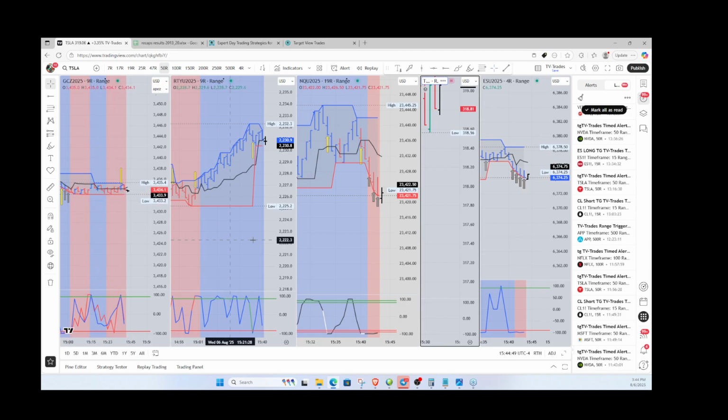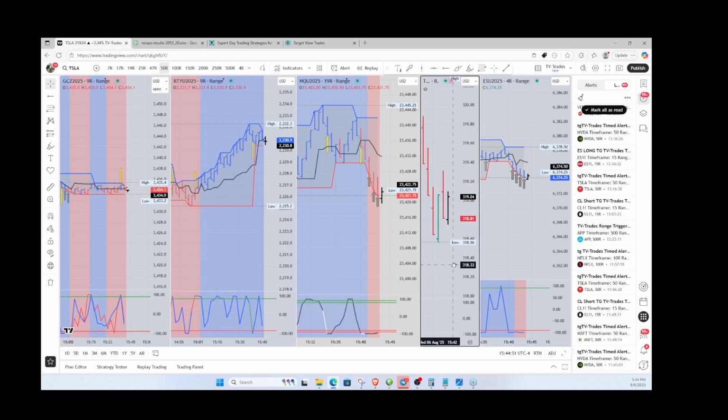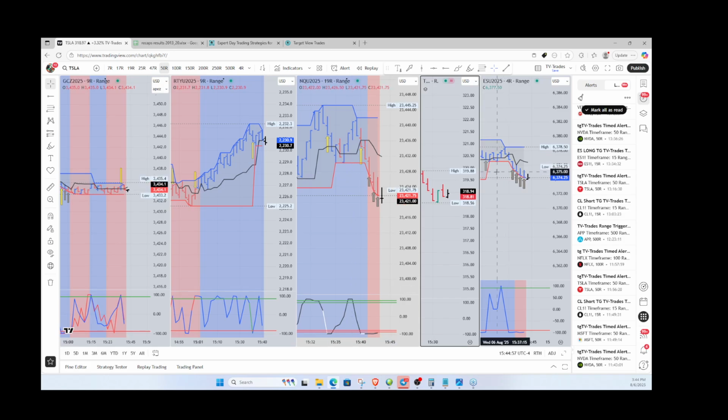Right there on the gold. Nothing here, nothing here. So right now on the session we're actually down a little bit. $40, I think, is that right? Yeah, $40 right now.